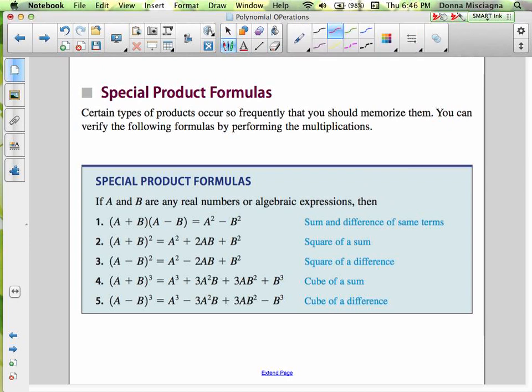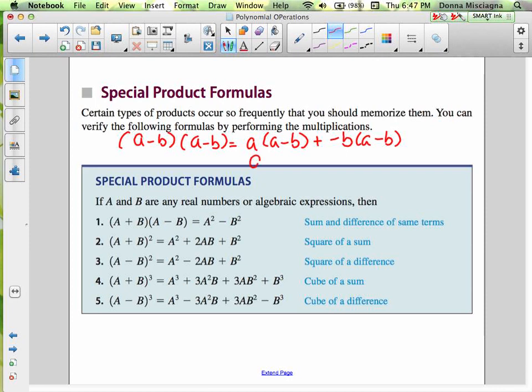What if we have a square of a difference? We have a minus b squared, which is the same as a minus b times a minus b. Using distribution, that would be a times a minus b plus negative b times a minus b. We distribute both the a and the negative b to the a minus b.